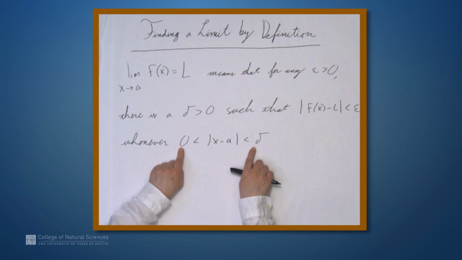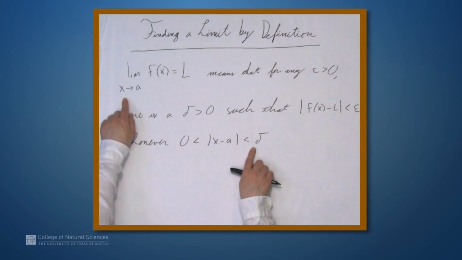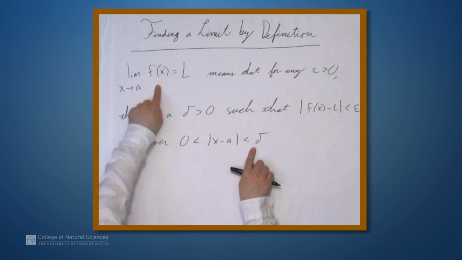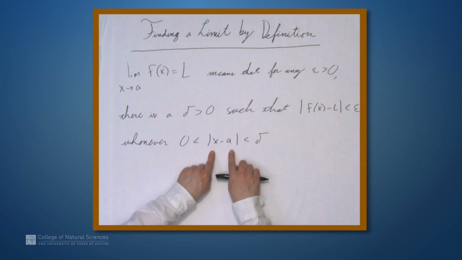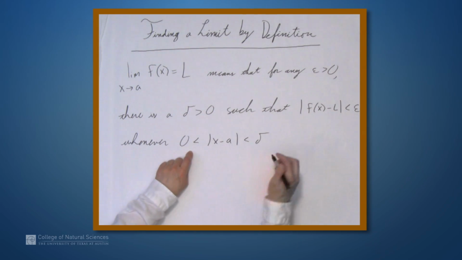Strictly between 0 and delta. Because remember, when we're dealing with limits, we don't care about the value of f at a. So we require that x minus a be greater than 0.